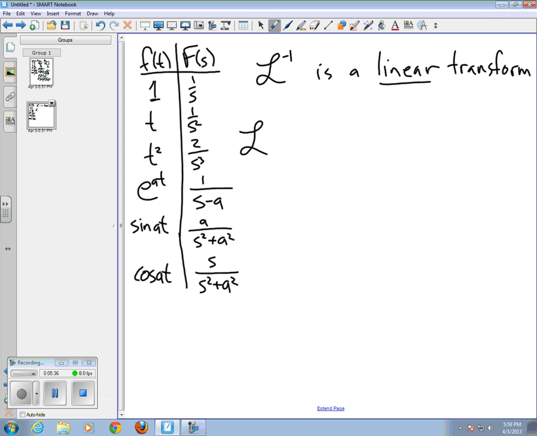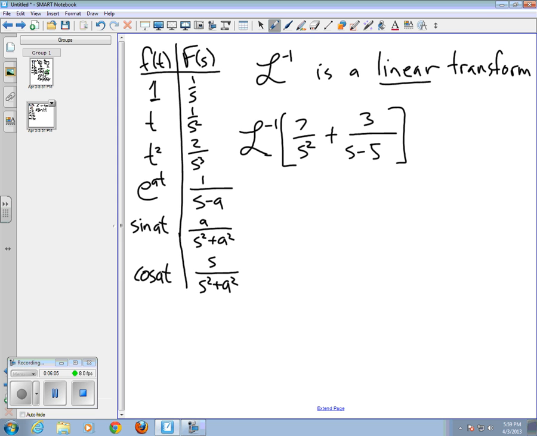I could look at the inverse Laplace transform of, let's say, 7 over s squared plus, let's do something a little easier this first time, 3 over s minus 5.